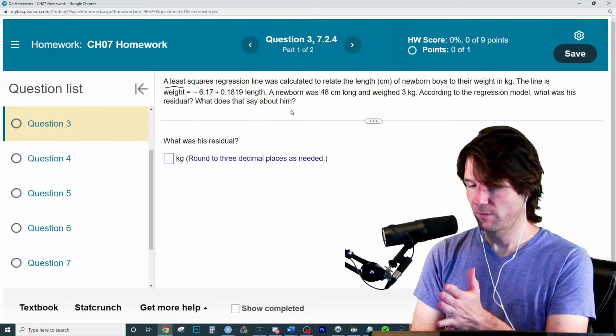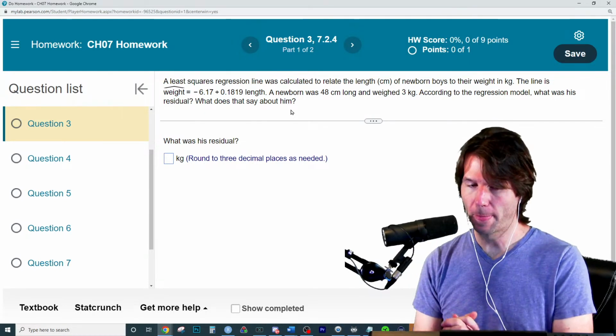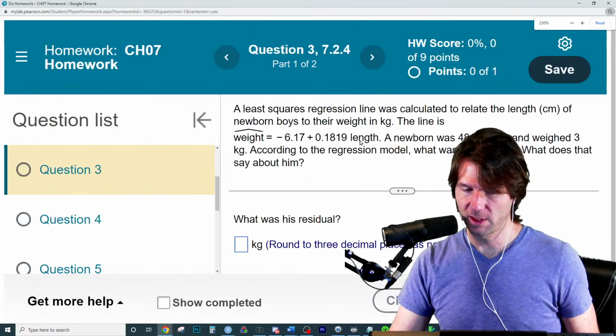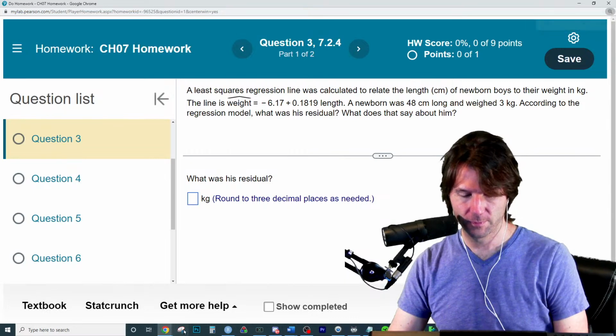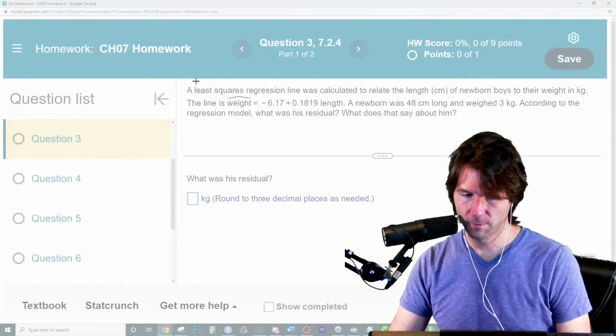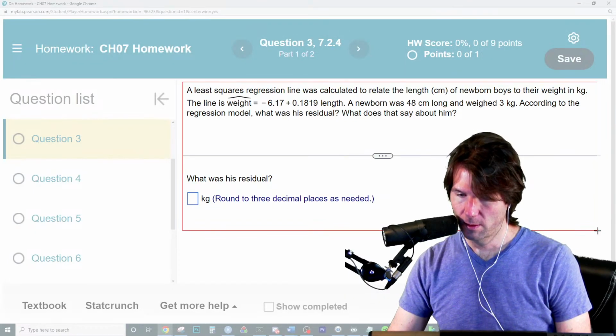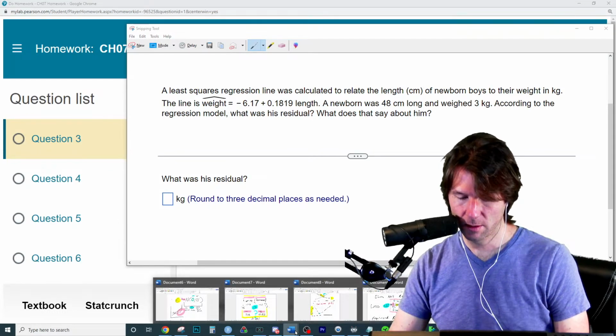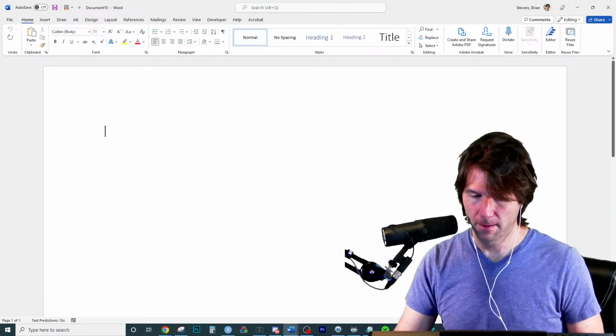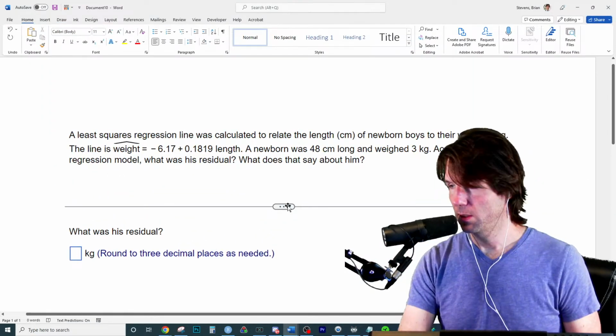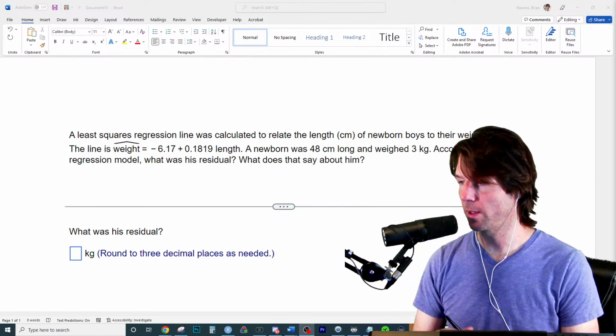Okay. This one is asking about a residual. So what do we get right here? Let's break this question down. Little tiny question. A lot of work. Tell me by the colors what I'm highlighting right here.